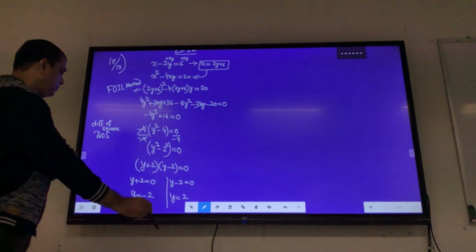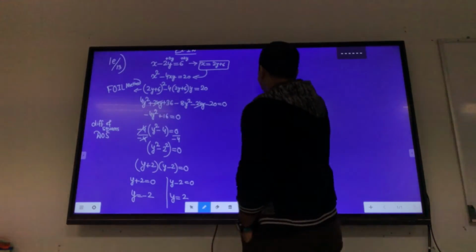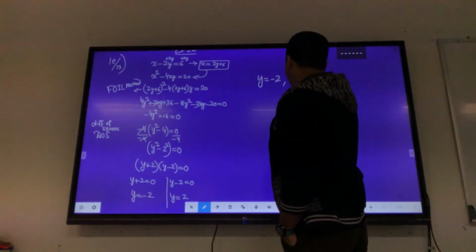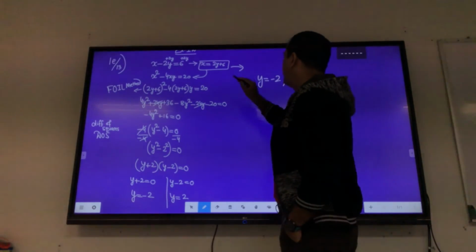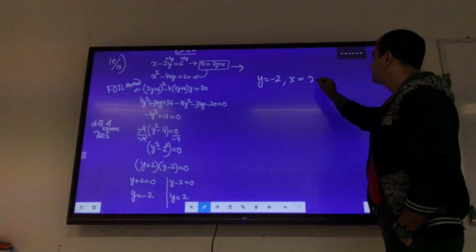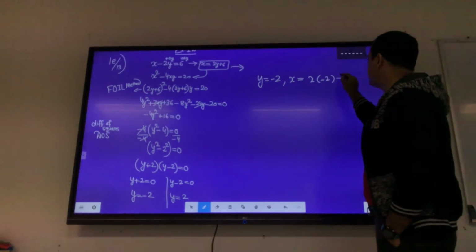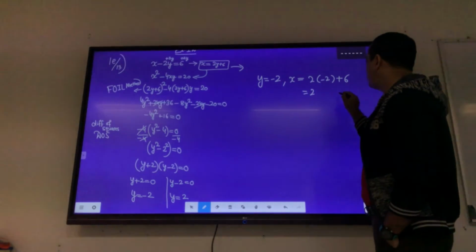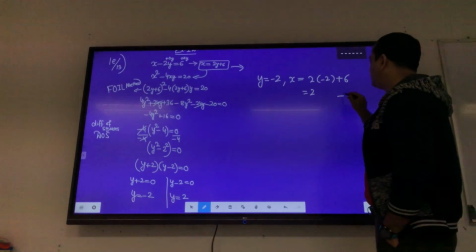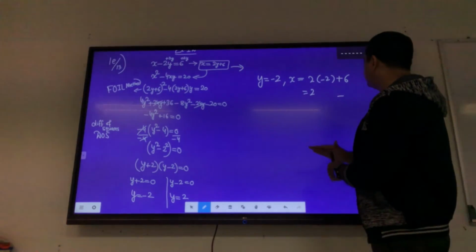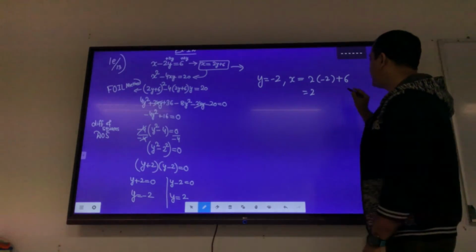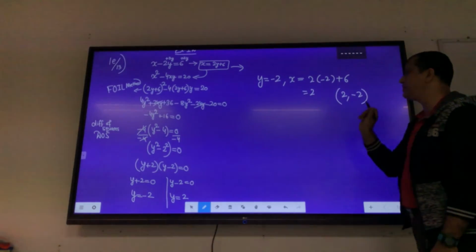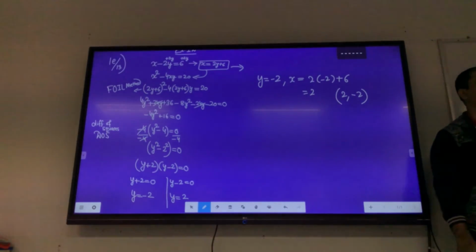When y is minus 2, x will be 2 times minus 2 plus 6, minus 4 plus 6 is 2. So the first point of intersection is (2, minus 2). Is that clear, friends?